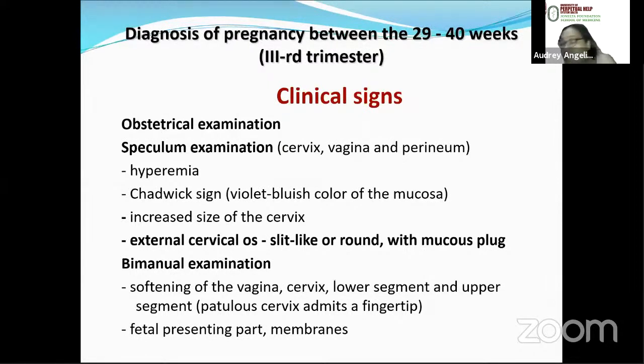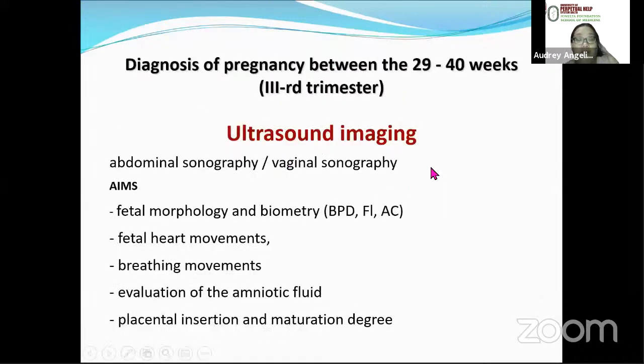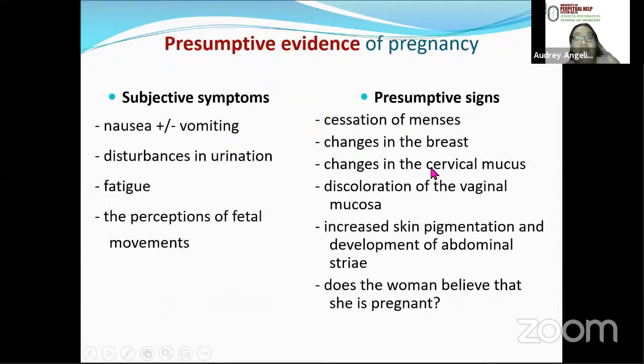When you do your internal examination when the patient is about to go into labor, what are the important things that your internal examination would tell you?